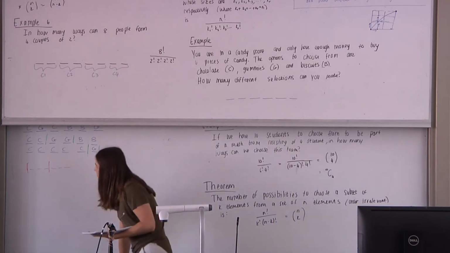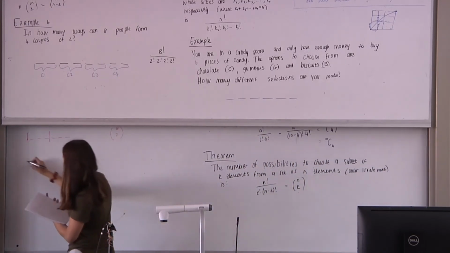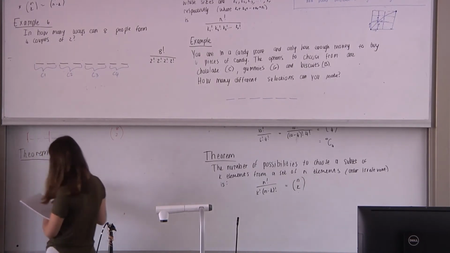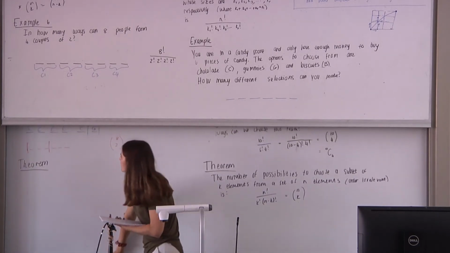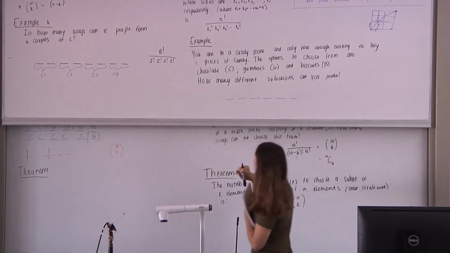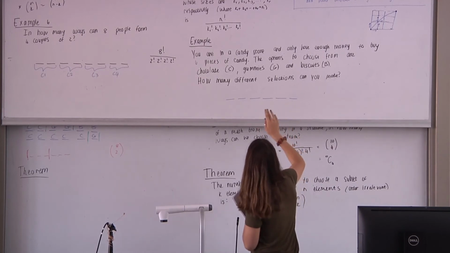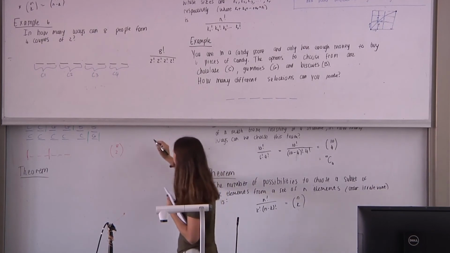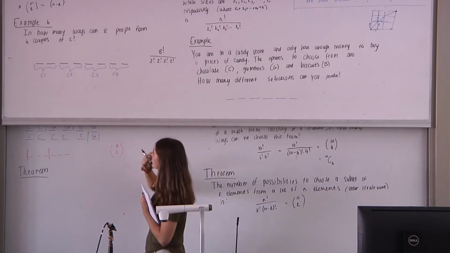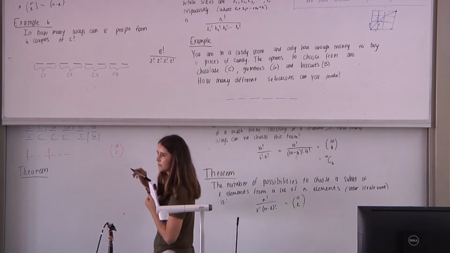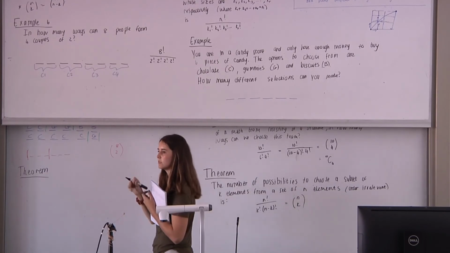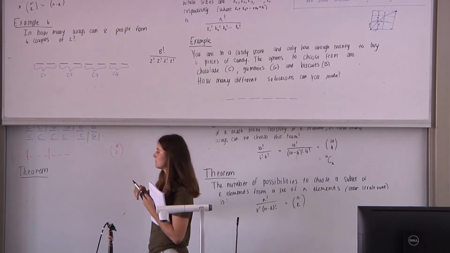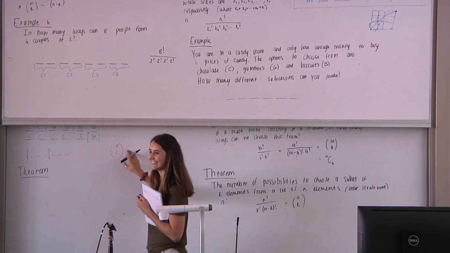So we have a theorem that explains this a bit better. This 8 choose 2: we had 6 pieces of candy and 3 types of candy.